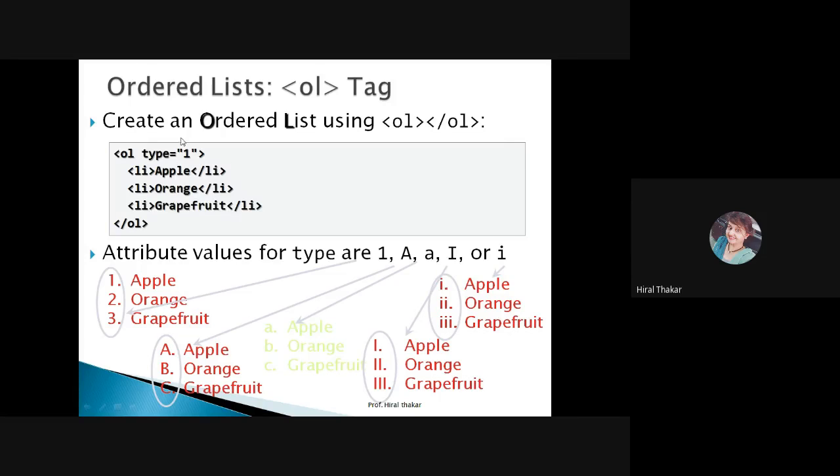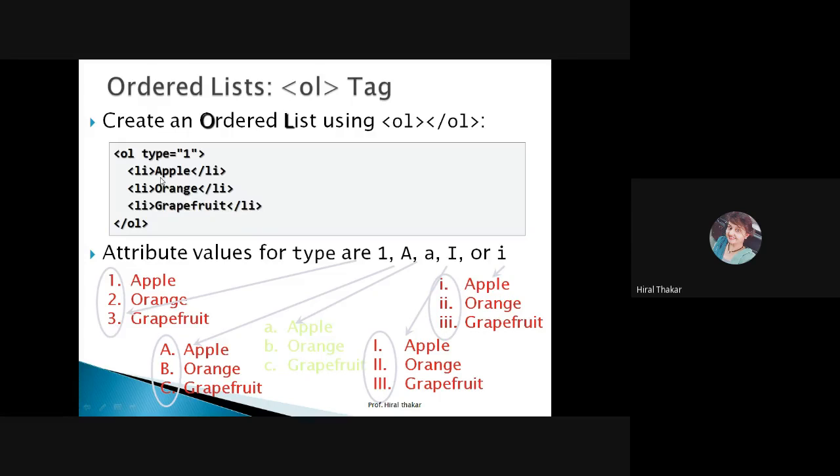Whatever you write over here, the list will start from this index. If I write ol type equals 1, the output would be like this: 1, 2, 3. You are able to see the output here itself, right? So the sequence will be like this: 1, 2, 3.